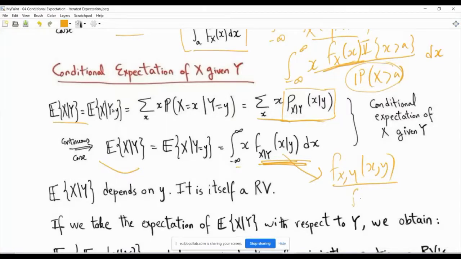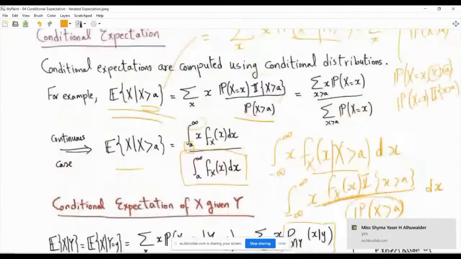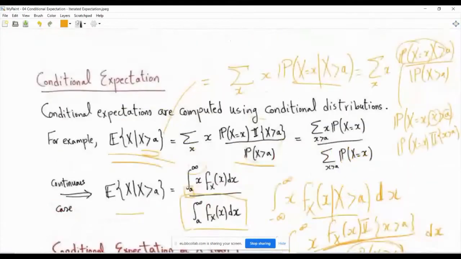Why do we divide by X? You mean in the previous one? Okay, I will go back to it. So, yes, it's because from the very beginning, we're talking about the probability that big X is equal to small x given that X is greater than A. Right?